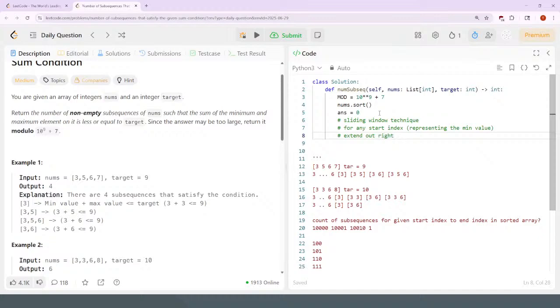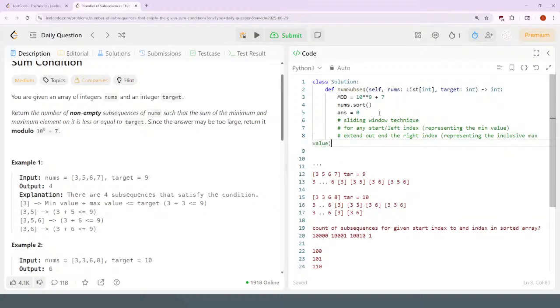The start index is the left side of the window, the left index. Extend out the right index representing the inclusive max value.